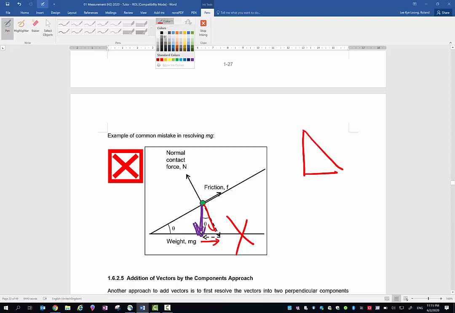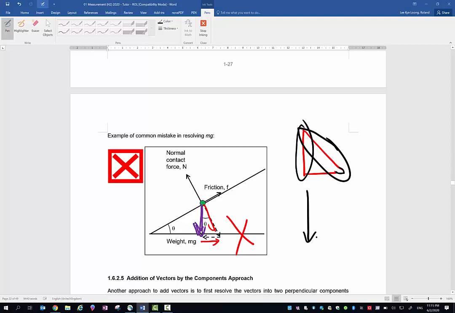If you look at the right angle triangle, this is the resultant instead of this. The weight is the one that you resolve, so you have to resolve it in this manner, not this manner. Otherwise the thing you use to resolve is still the longest, because it's a resultant force. So you have to resolve correctly.